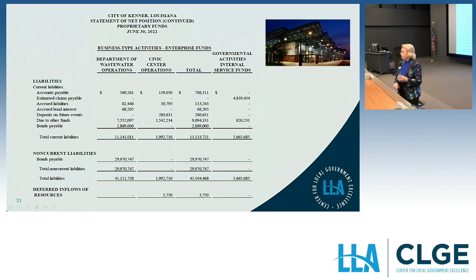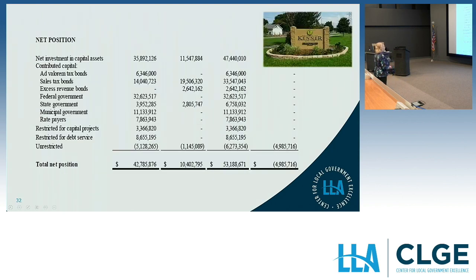All right? Easy. We got this. We now follow. And then they have their deferred inflows of resources under their civic center, which probably has something to do with unearned revenue, if I were to guess, which I ought not guess. Okay. And then there's the net position section.